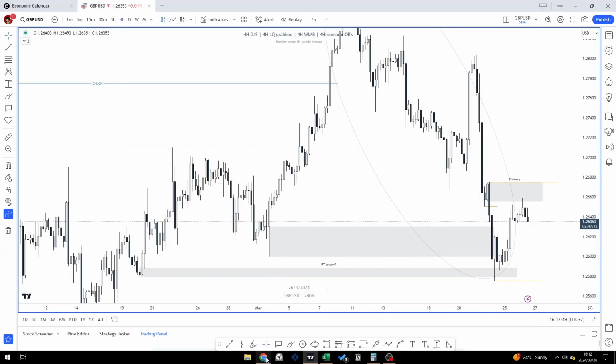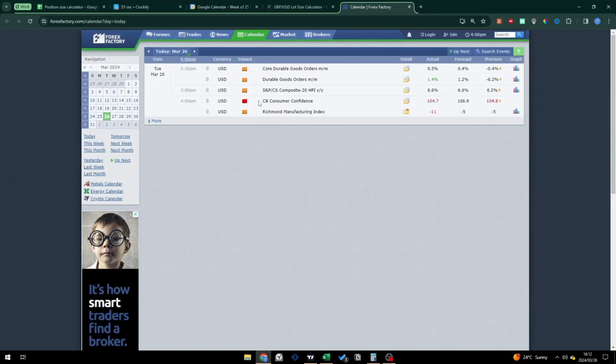So as usual, starting off with the economic calendar, I think the one news event we were concentrating on was this 4 p.m. USD consumer confidence, and we were hoping to validate a New York high of the day or low of the day with this. Since most of the opportunities were shorts, especially on GBPUSD and EURUSD, we were looking for positive USD news to then support shorting EU.